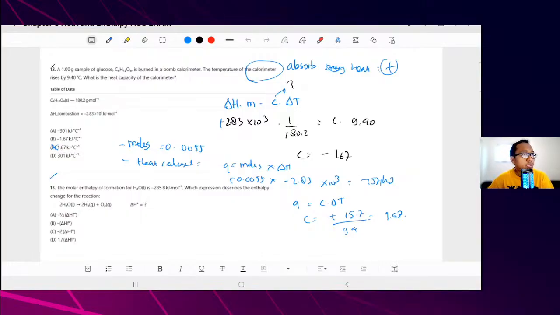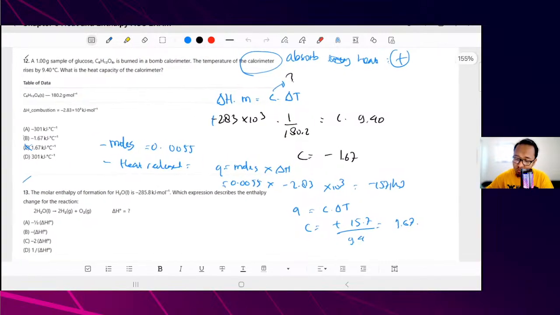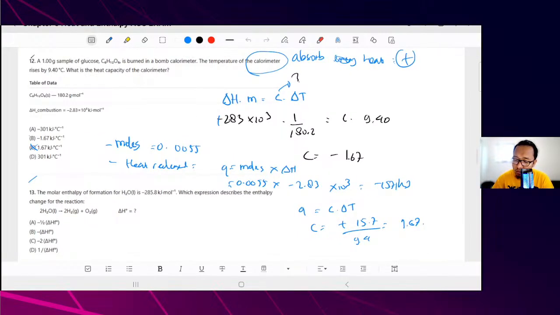Today we're going to continue our discussion. Last time we met, we were still working on question number 12, which was about the calorimeter.